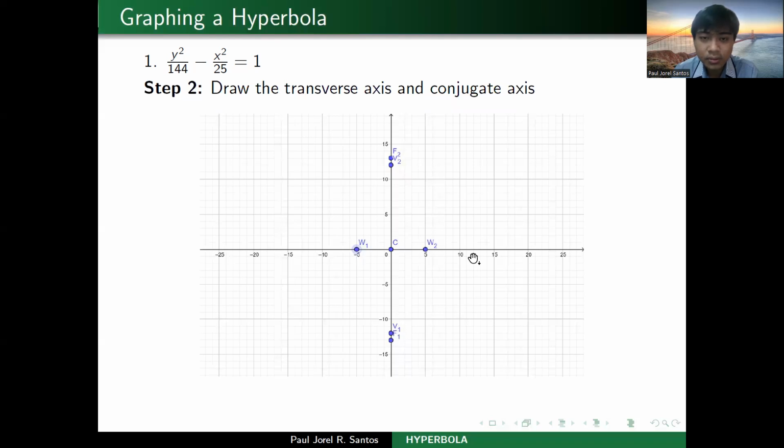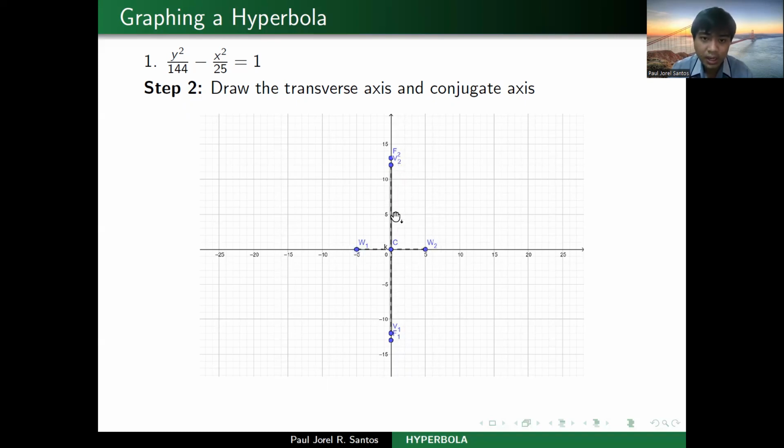So what are we going to do? As I have mentioned a while ago, the transverse axis is the line that connects the vertices, okay? And the conjugate axis is a line segment that connects the endpoints of the conjugate axis. Since we already know the endpoints by using the computation or solution earlier, we have here this.